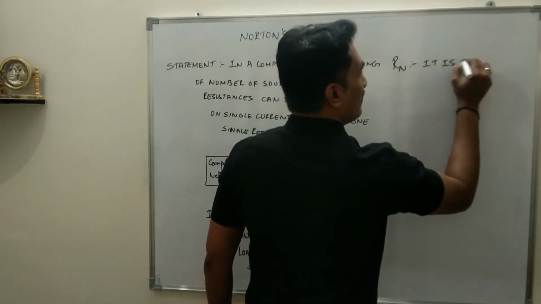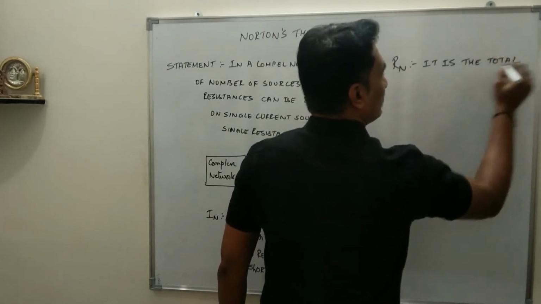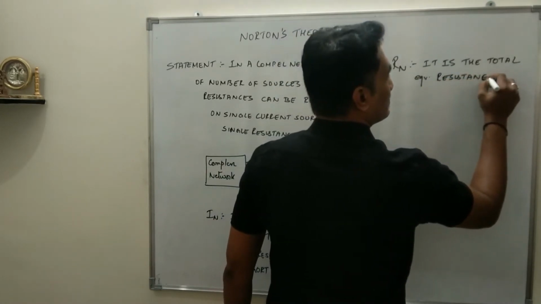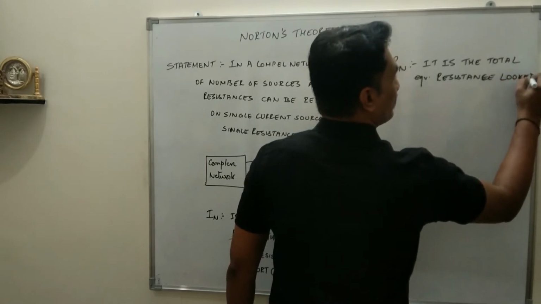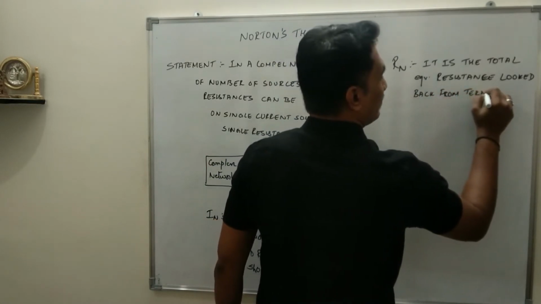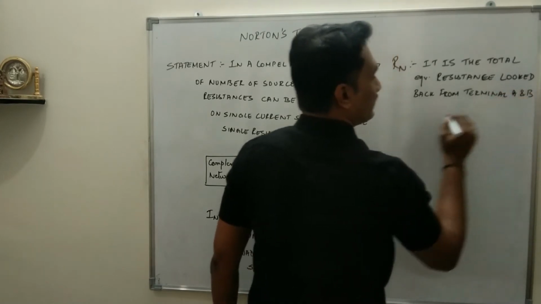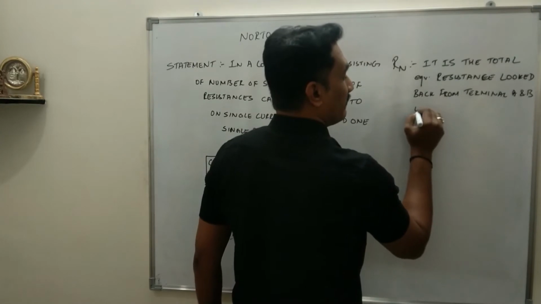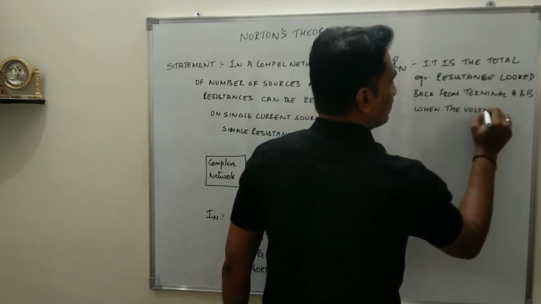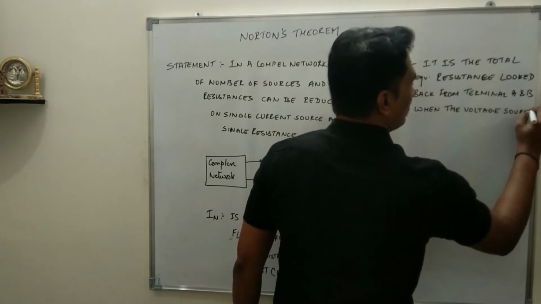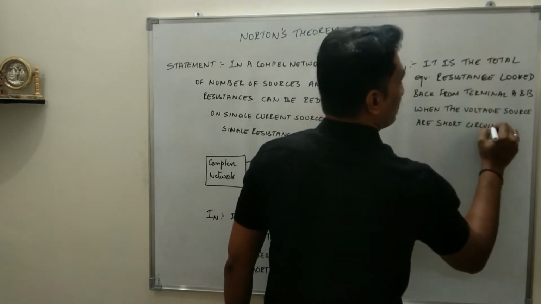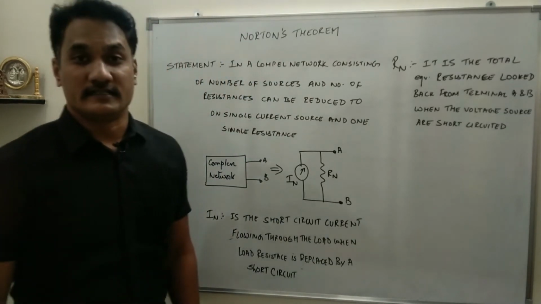It is the total equivalent resistance looked back from terminals A and B when the voltage sources are short circuited or replaced by their internal impedance.